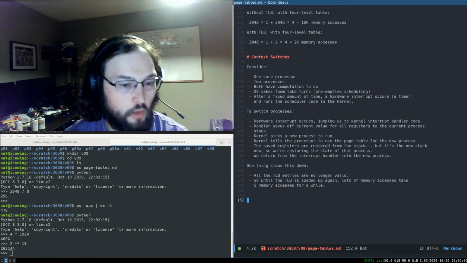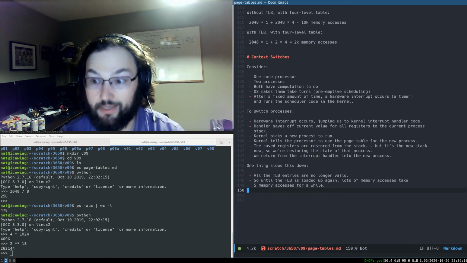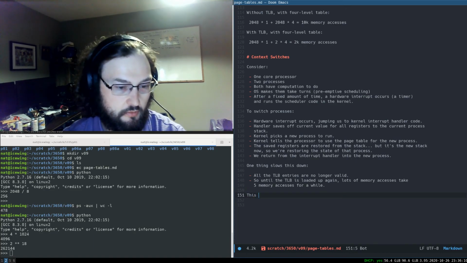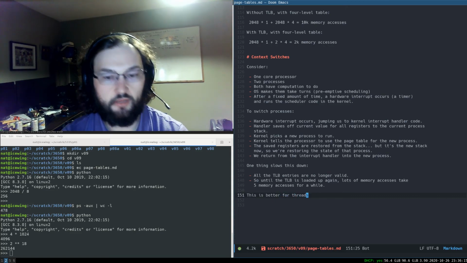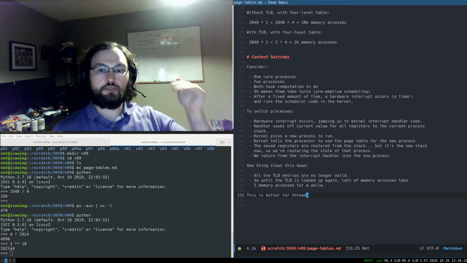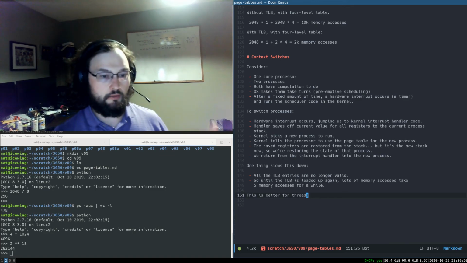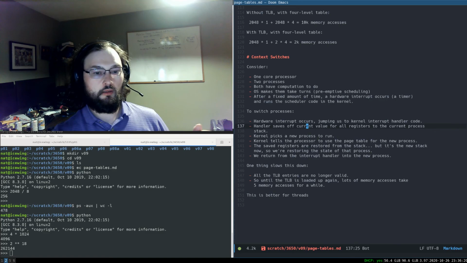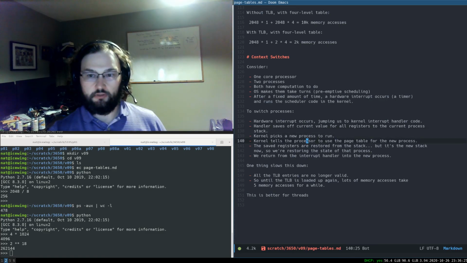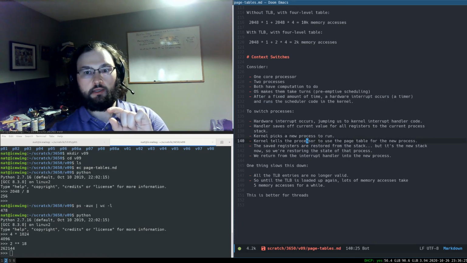And so this is another benefit to threads over processes. The context switch operation between threads is actually reasonably similar. We just don't have to switch page tables. All we're doing is switching the stack pointer.